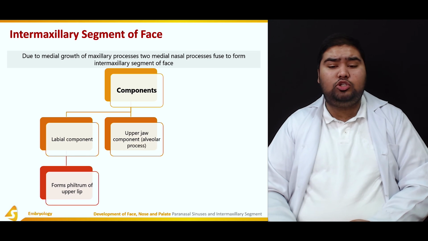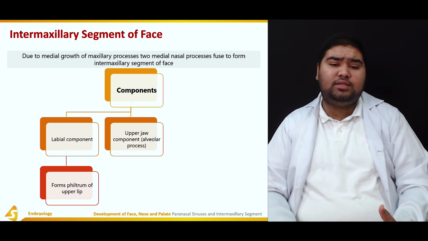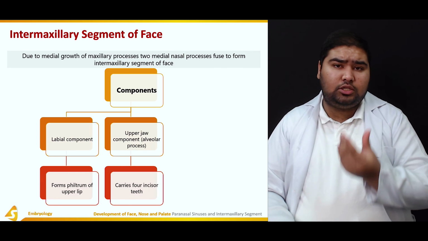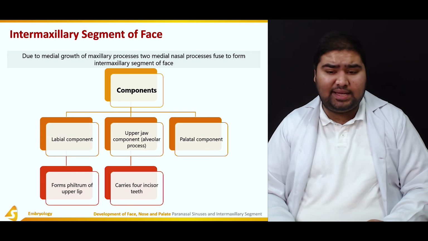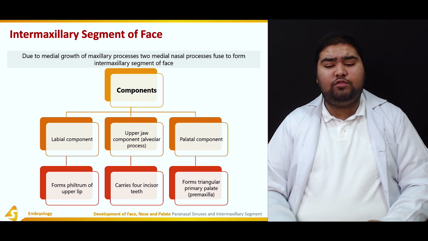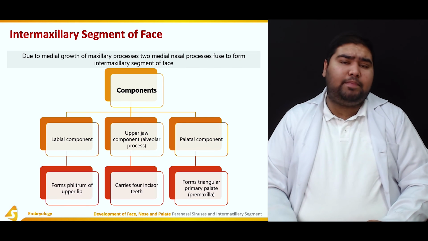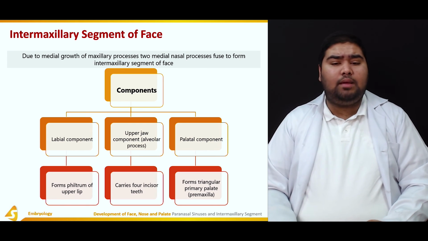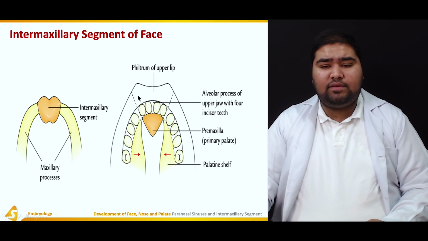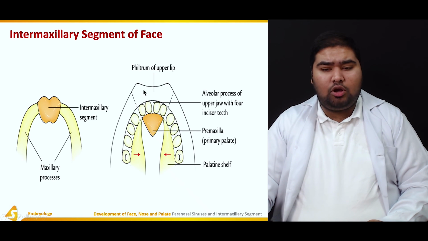The upper jaw component, the alveolar process, forms the portion of the jaw that carries the four incisors. And finally, the palatal component forms the triangular primary palate, which is known as the premaxilla. Now let's see that in the figure. This is the philtrum of the upper lip, the labial component.